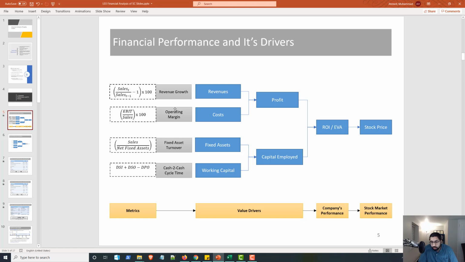Why is that? Well, our perspective on all of this is from a supply chain perspective, and a supply chain manager, at least in theory, does not have a lot of control over the interest expense of the company and the tax expense. The interest expense is a function of the capital structure of the company, and you learn more about this in your finance courses, but essentially it depends on how the company is financed, how much debt it has, how much equity it has, and usually those decisions are made by the chief financial officer.